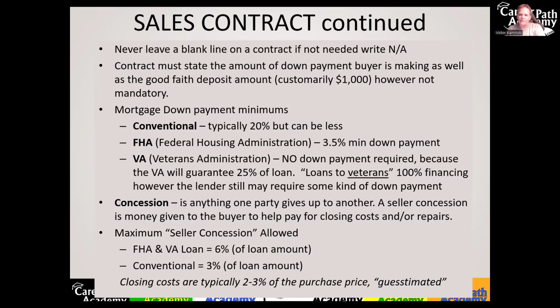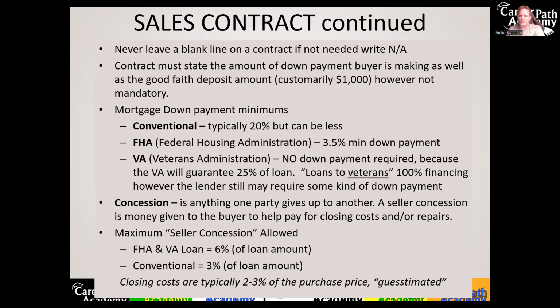Same thing with VA. VA doesn't require any down payment for the veteran. It's 100% financing. However, the lender may still require some kind of a down payment, but they usually don't. The VA guarantees 25% of that loan amount, so it's as if the buyer was putting down 25%.